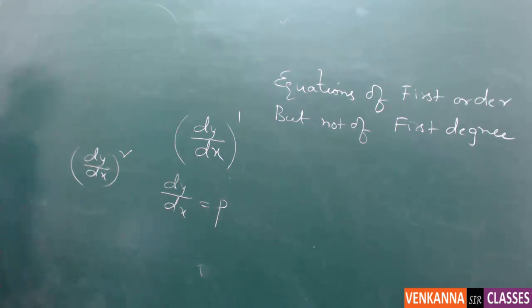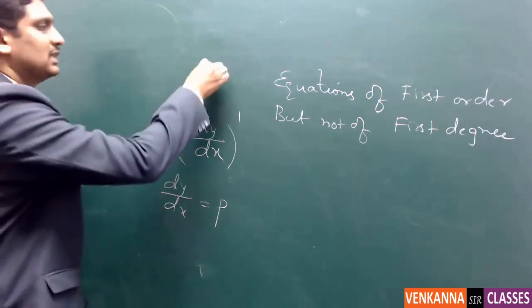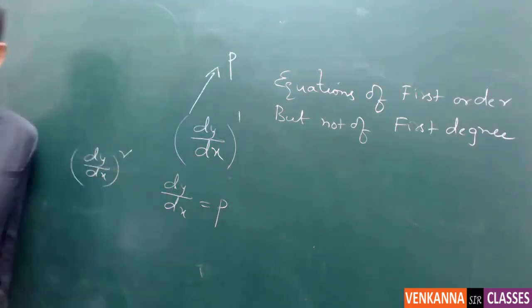So that is one thing. If dy by dx whole cube, whole power 4, those things are there, then how to solve those equations? That category will come under the concept of equations of first order but not first degree. So for our writing convenience and solving purpose, we use the symbol dy by dx is equal to p.